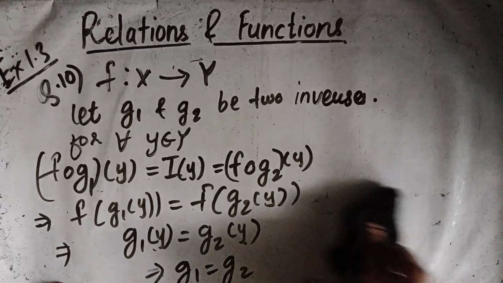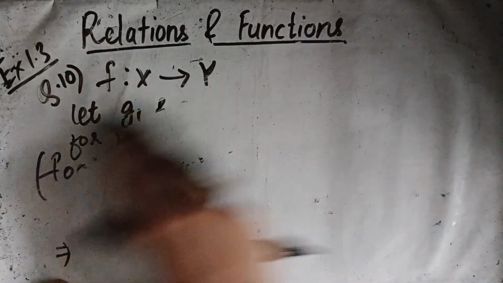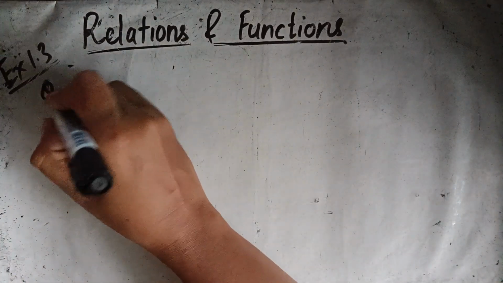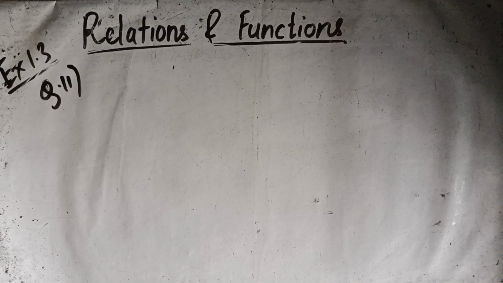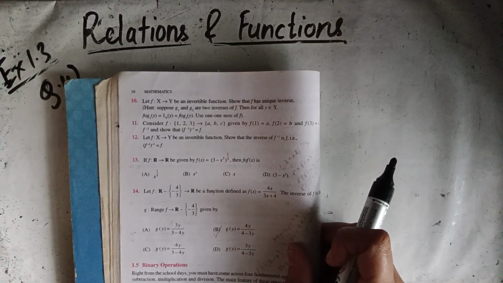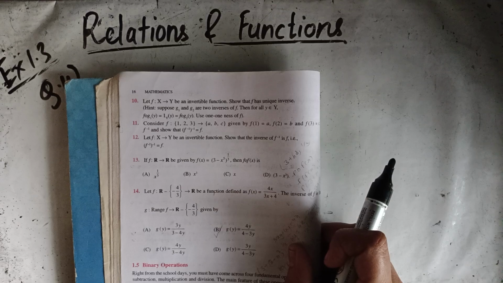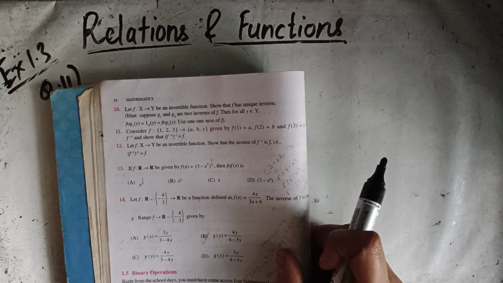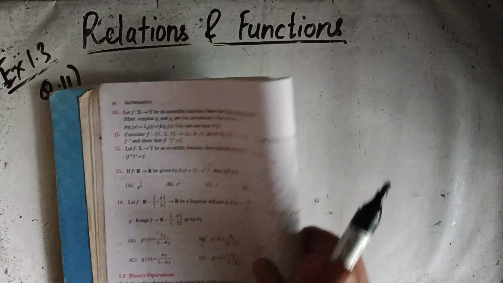Then next question, question 11. It is given a function defined from {1, 2, 3} to {a, b, c}, and you have to find f inverse and show that f inverse of inverse is f.